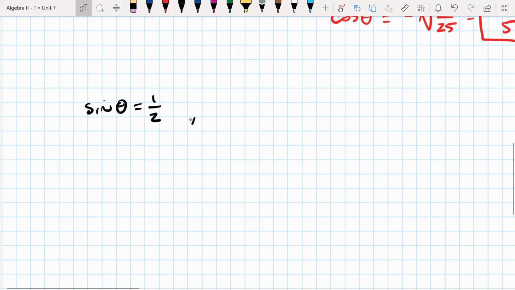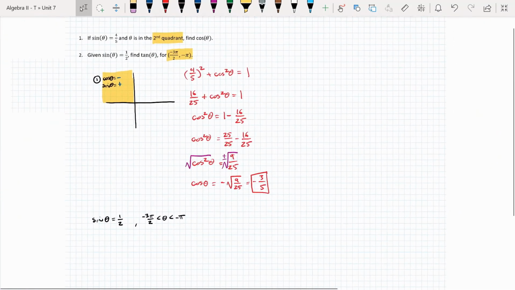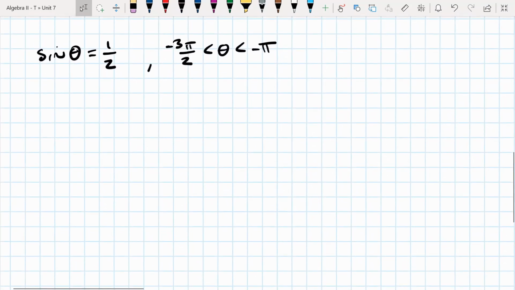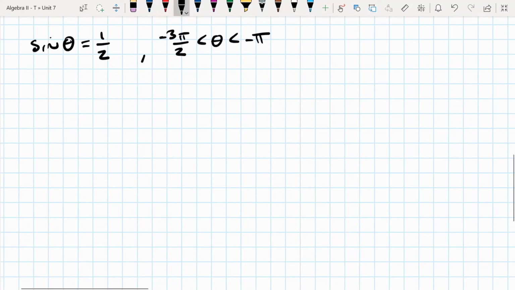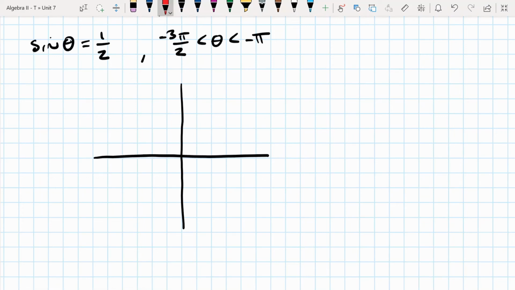And the theta value is between negative 3 pi over 2 and negative pi. Okay, so we have negative theta values. So on the unit circle, remember we can go clockwise or counterclockwise. If we're going clockwise, the theta values are negative.